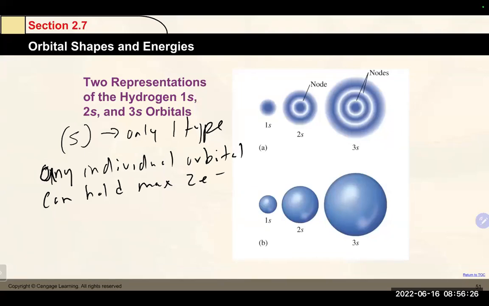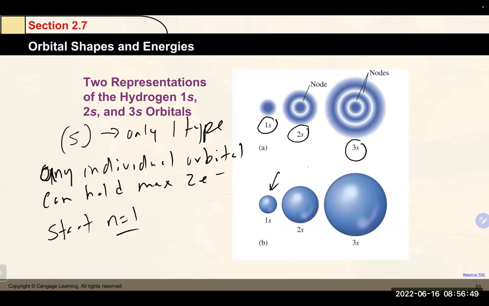When we talk about s orbitals, they actually start on all energy levels. They start at the n equals 1 energy level, and we'll see why that is in just a second. But every energy level will have an s orbital. The first energy level has a 1s orbital, then a 2s orbital, a 3s orbital.